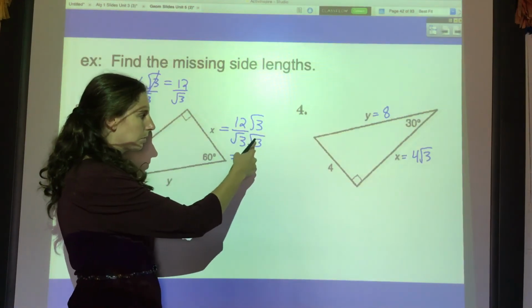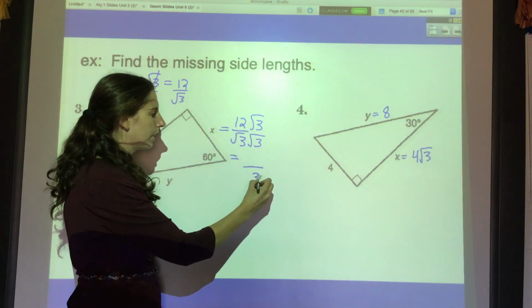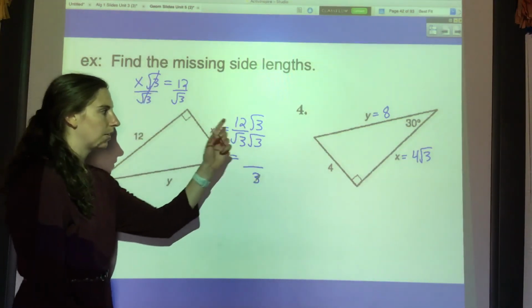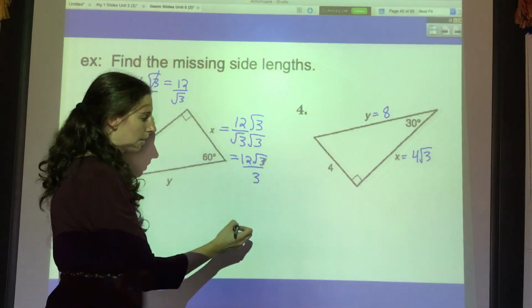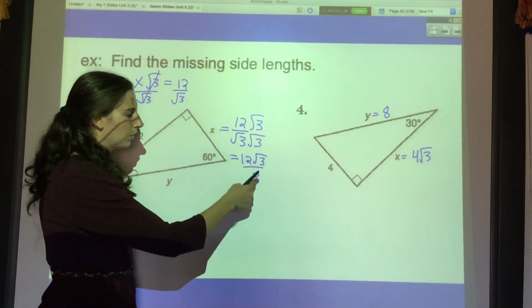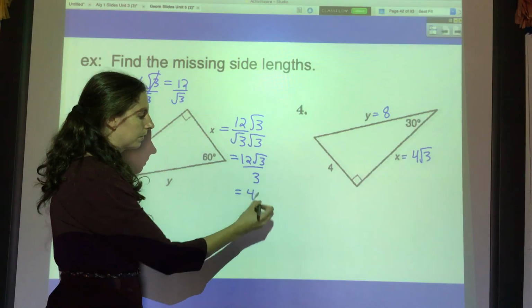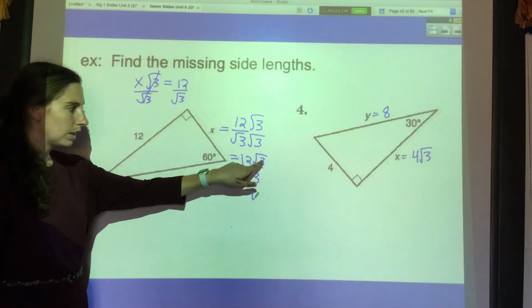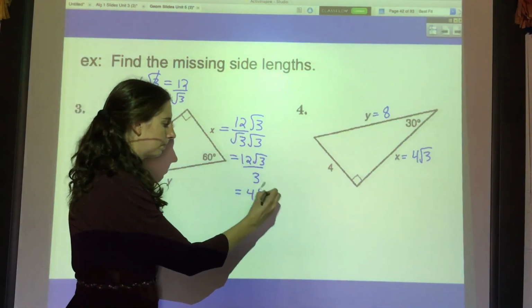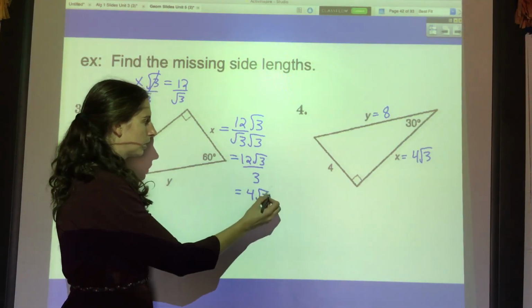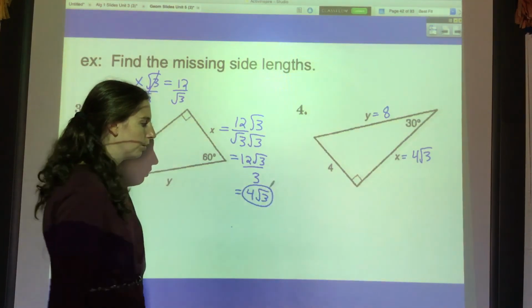And square root of 3 times square root of 3 is just 3. On top, I've got 12 root 3, which does simplify because 12 over 3 is 4. The square root is its own thing. It does not get divided by the 3, just by the way. So that's x, 4 root 3.